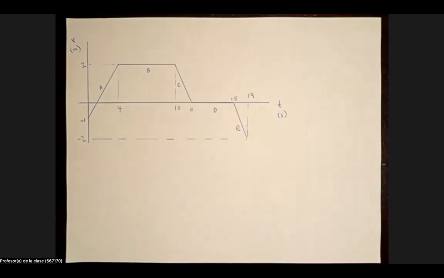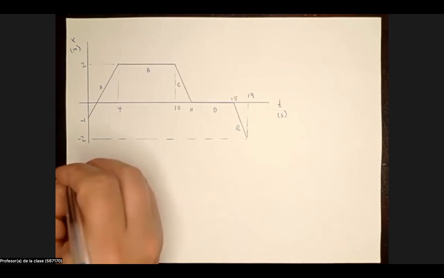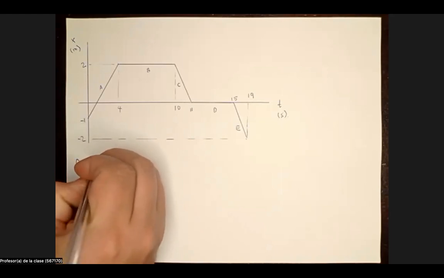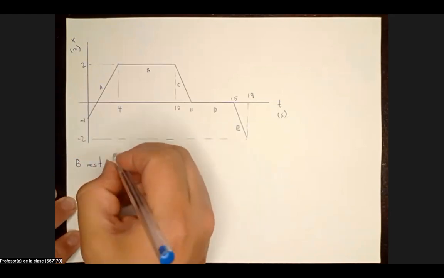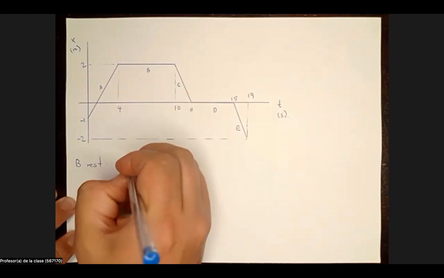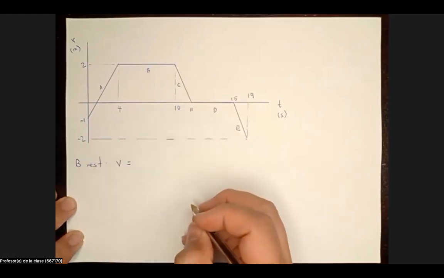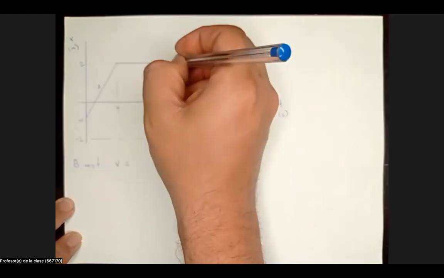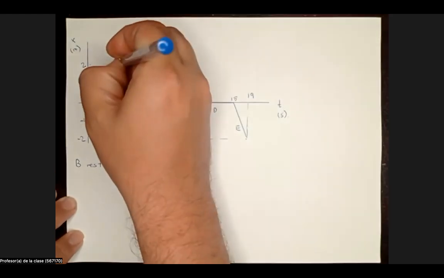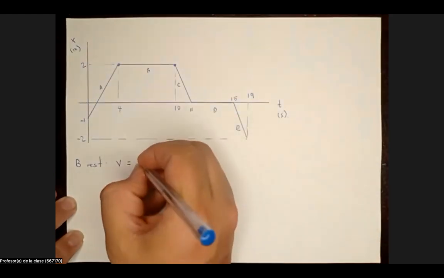So the second question is very easy. Segments where the object is at rest. So B is going to be at rest. Why? Okay, let's calculate the velocity, the slope. So final, initial, final.